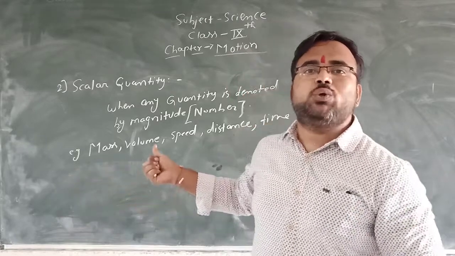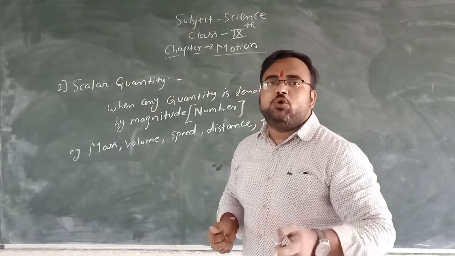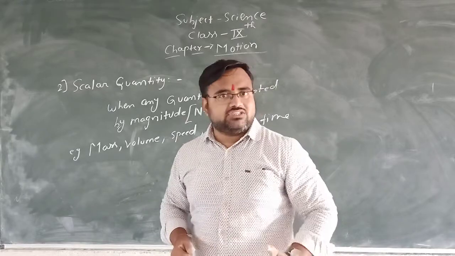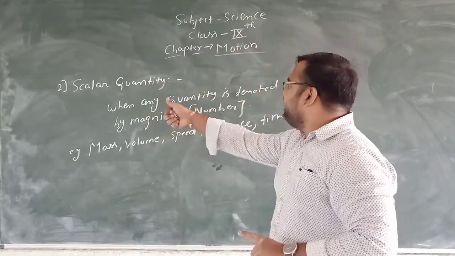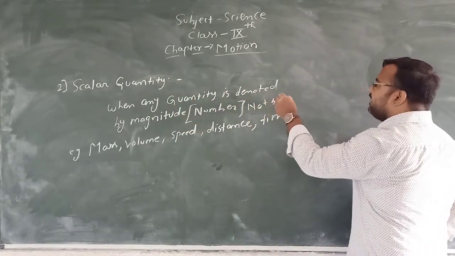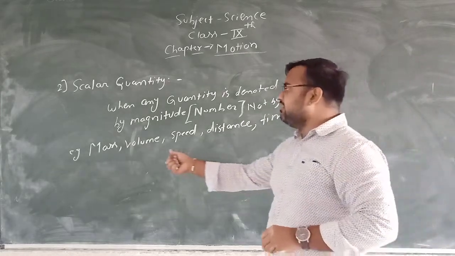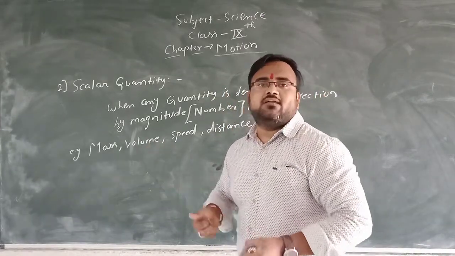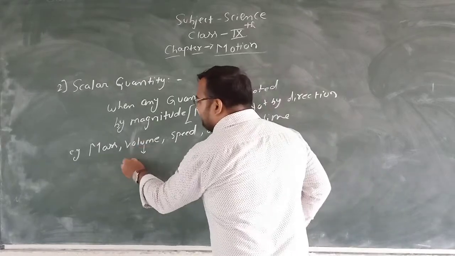They don't have any particular direction. So those quantities which are denoted only by the magnitude, that means number, not by direction, are known as scalar quantity. For example, I say 2 liters of milk, but does the 2 liters have any direction?